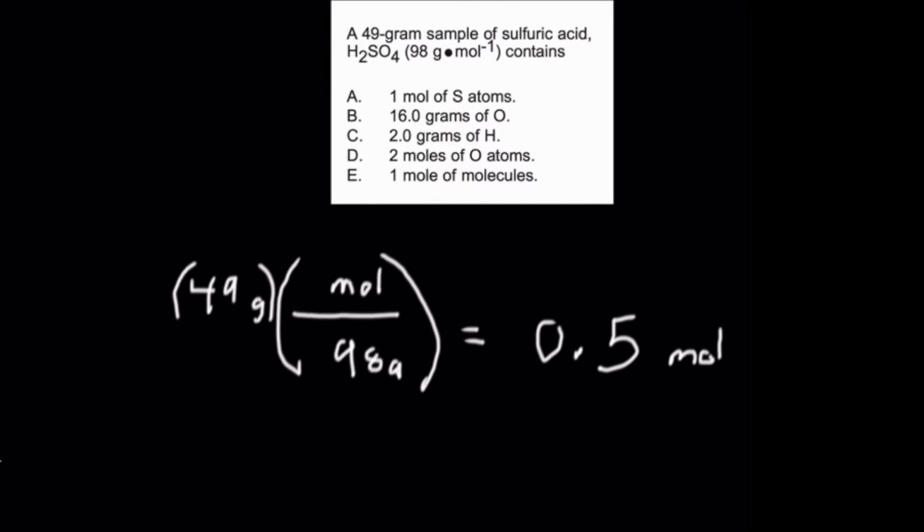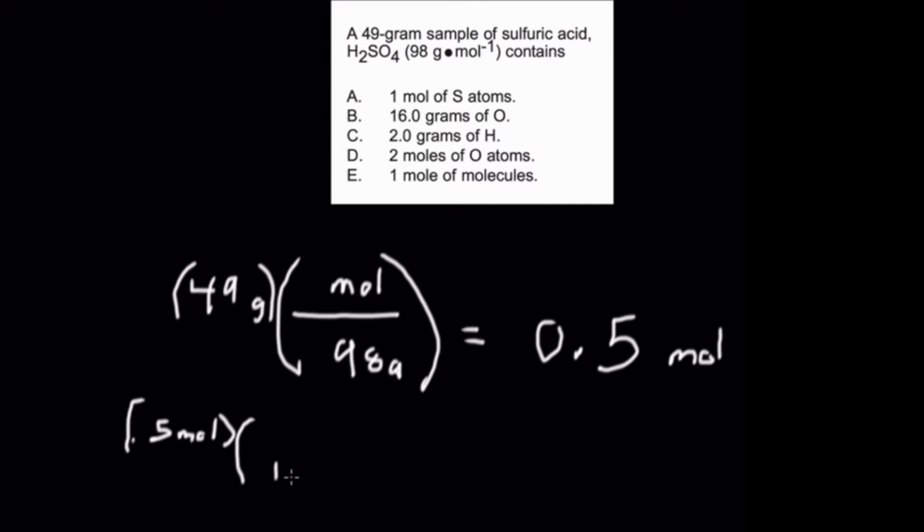So knowing that we have 0.5 moles, I'm going to start a new line here, 0.5 moles. So let's investigate. In 0.5 moles in our 49-gram sample, we have a ratio of 1 mole of sulfur atoms. So we can use this 1-to-1 ratio.